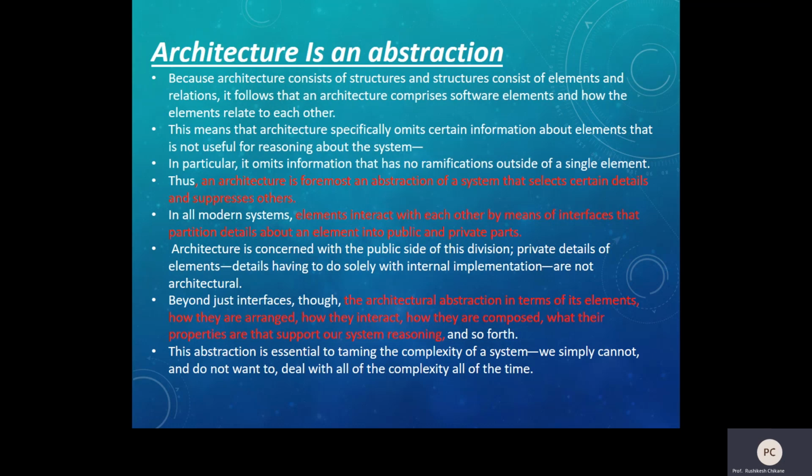Only the useful information must be shown by your architecture. The architecture is foremost an abstraction of a system that selects certain details and suppresses the others. So your architecture must show whatever data is needed, but the data which is not useful, your architecture must hide.